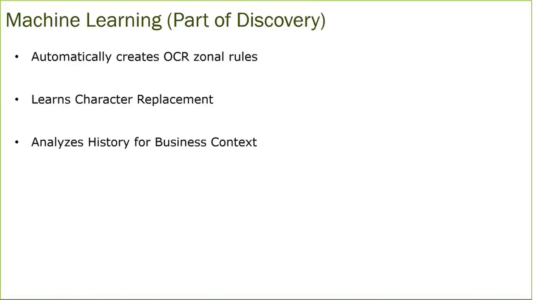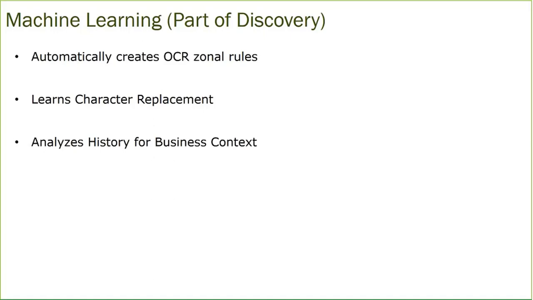Character replacements: if for certain types of documents the OCR is always mis-OCRing a certain character, it learns what that is changed to, so it can automatically do that character replacement. And we analyze the history for business context as well. So you can add business context rules for things like, in the invoice world, if a vendor has never sent us an invoice over 20,000, why has he suddenly given us an invoice for 200,000?